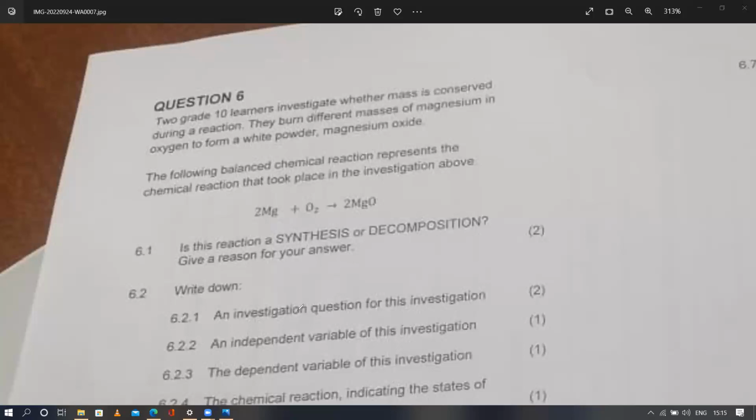Now they're gonna ask you for the independent variable of this investigation. Let me just check what I said. Independent variable, that just means the variable that, in this case, won't change.